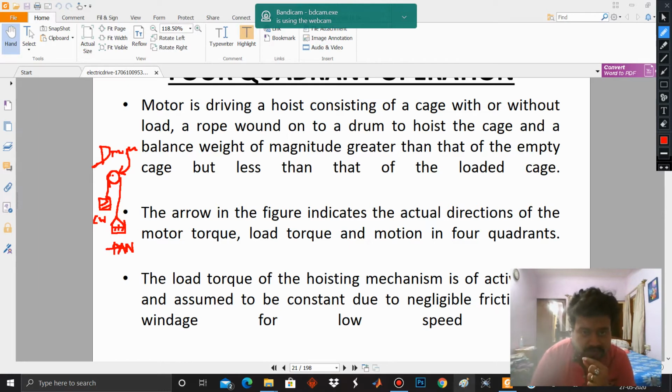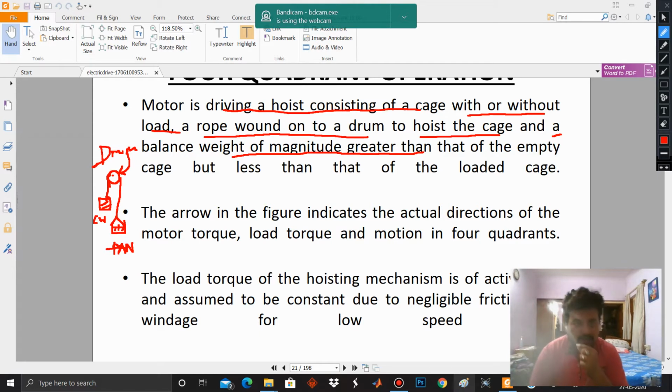So the motor is driving a hoist consisting of a cage with or without a load and a rope wound on to a drum to hoist the cage, and a balance weight of magnitude greater than that of the empty cage. Now this is very important. The counterweight has a greater amount of weight than the empty cage.